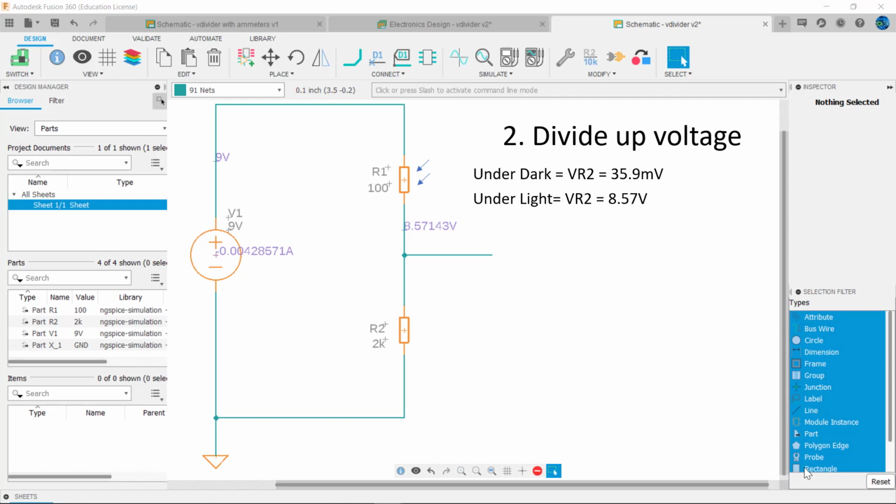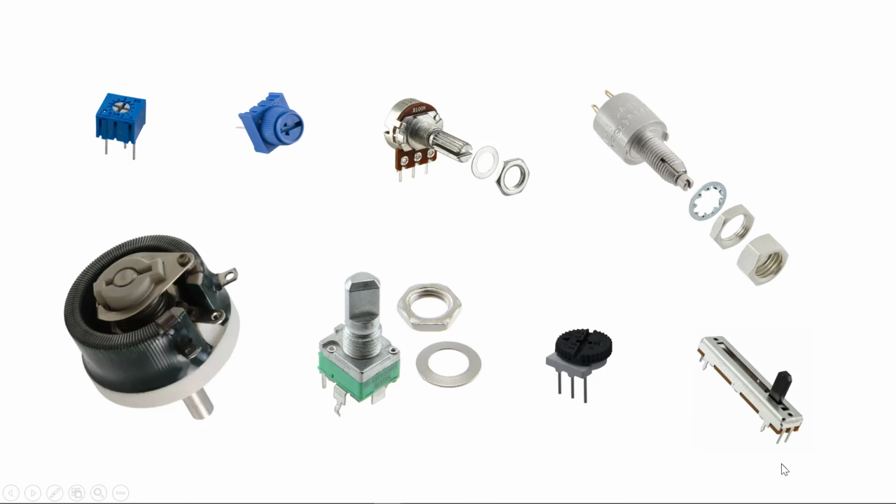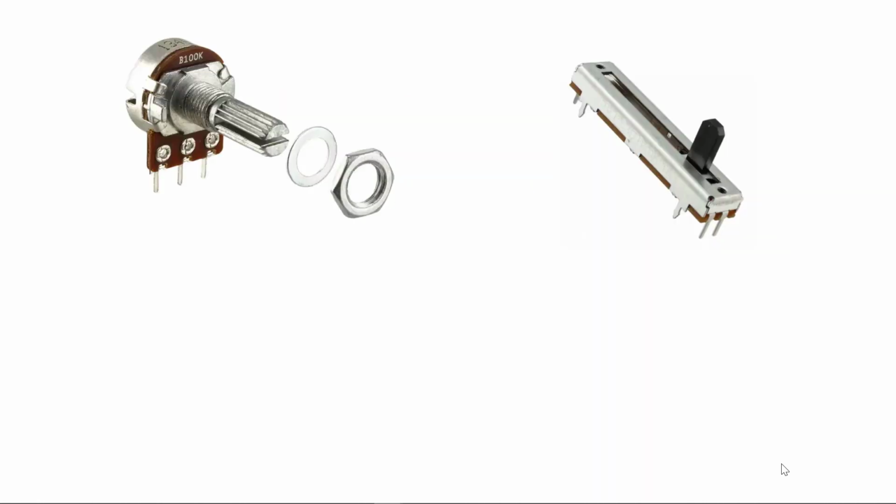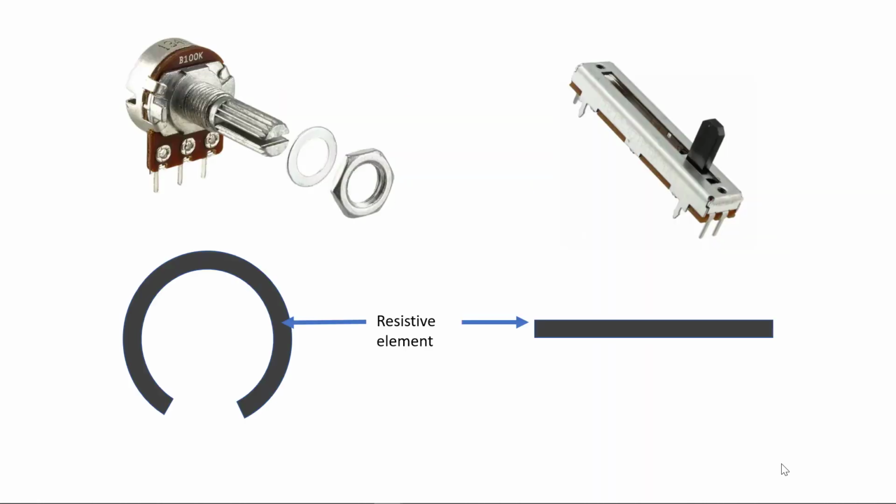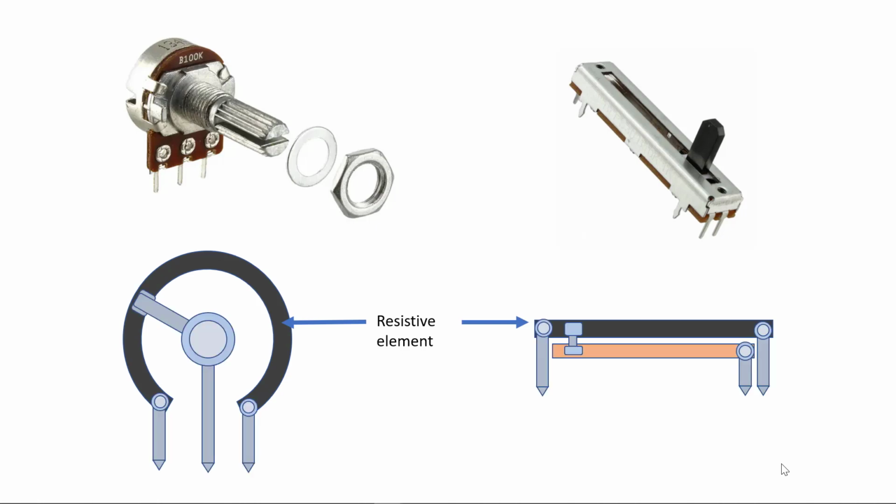Because it's so often useful to divide up voltage in circuits, adjustable resistors exist to divide up voltage. These devices are called variable resistors or potentiometers, and they come in a variety of sizes and power ratings. But they all consist of a resistive element with terminals attached at each end, and an adjustable wiper that rotates or slides along the surface of the resistance.